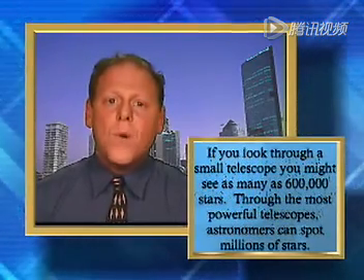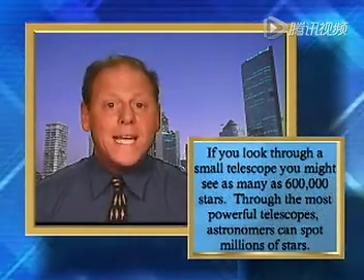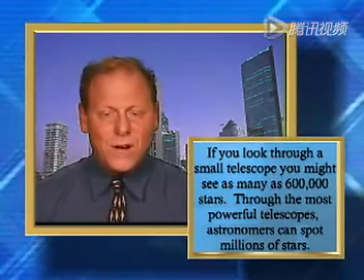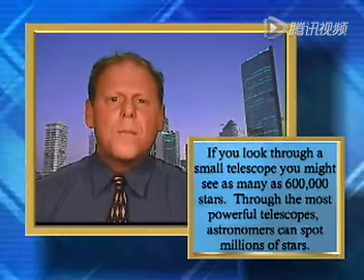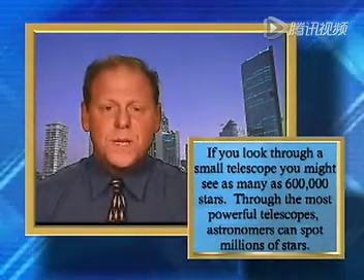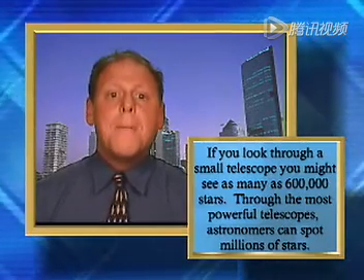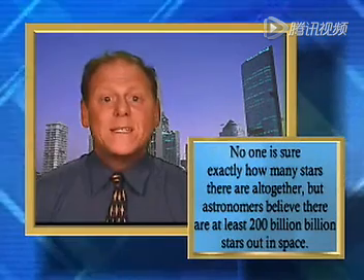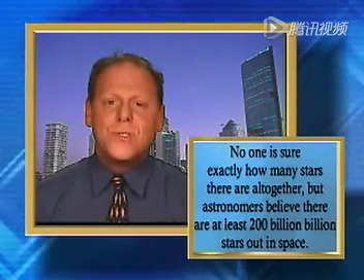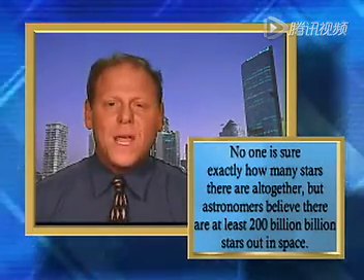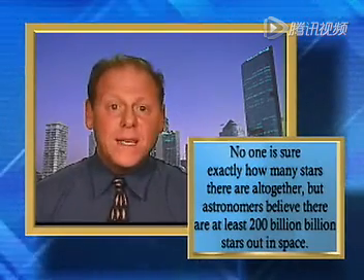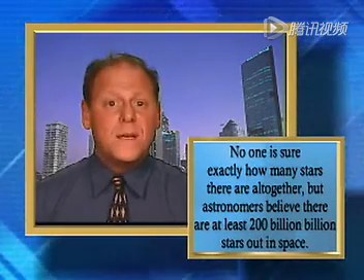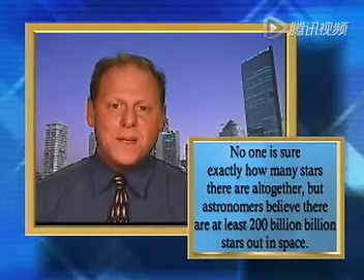If you look through a small telescope, you might see as many as 600,000 stars. Through the most powerful telescopes, astronomers can spot millions of stars. No one is sure exactly how many stars there are altogether, but astronomers believe there are at least 200 billion stars out in space.